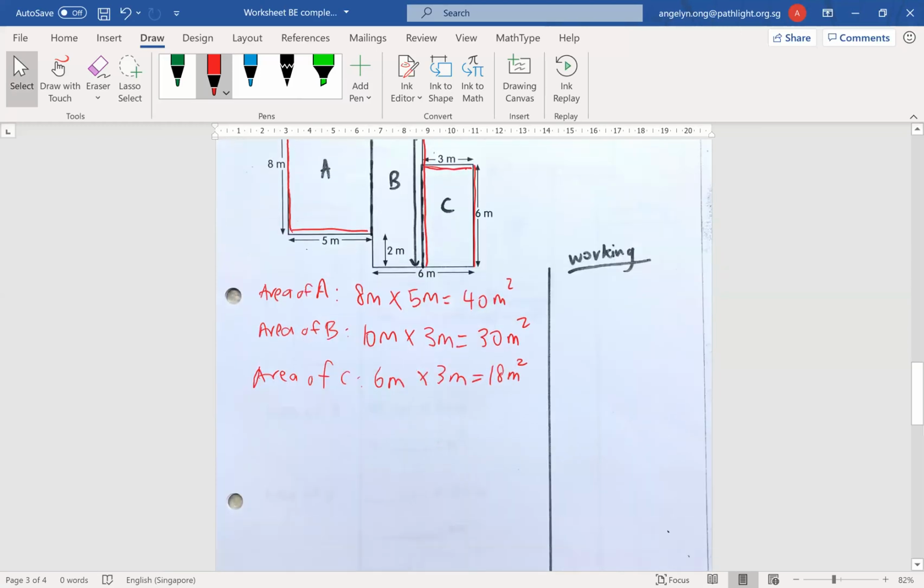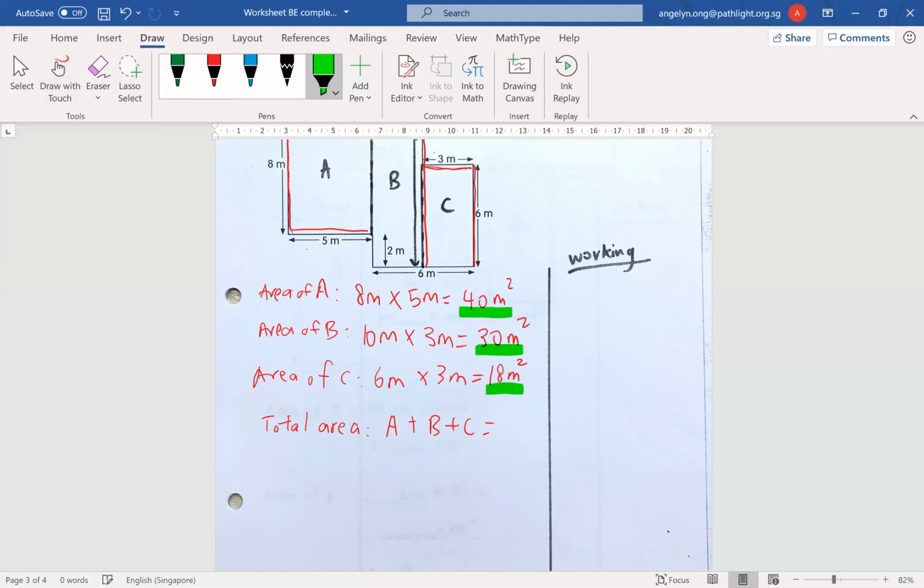Now we're going to add them up. So total area. It's adding up A, B, and C. So we found just now 40, 30, and 18. So let's add them up. 40 square meters plus 30 square meters plus 18 square meters.